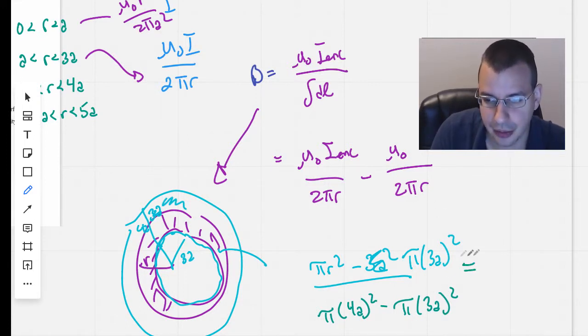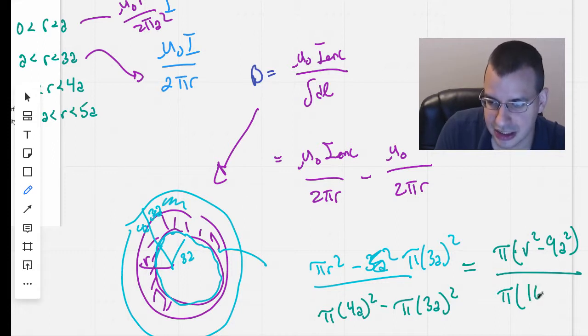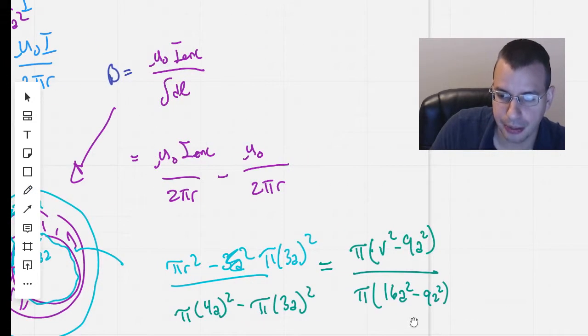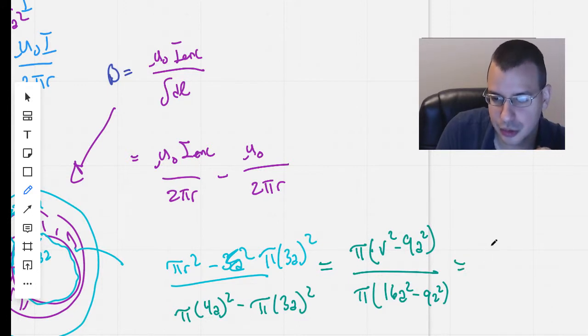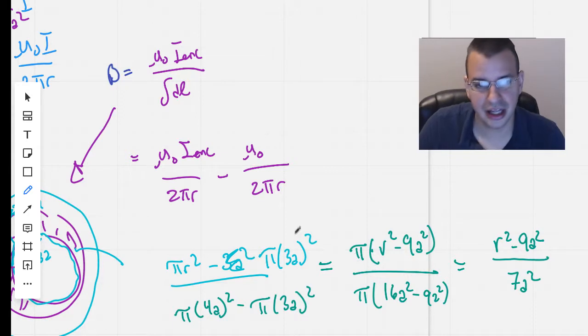Okay, so now we have, simplify this slightly, pi times r squared minus 9a squared all over pi times 16a squared minus 9a squared. So the pi's will cancel, and we're left with r squared minus 9a squared all over 7a squared. 16 minus 9 is 7.